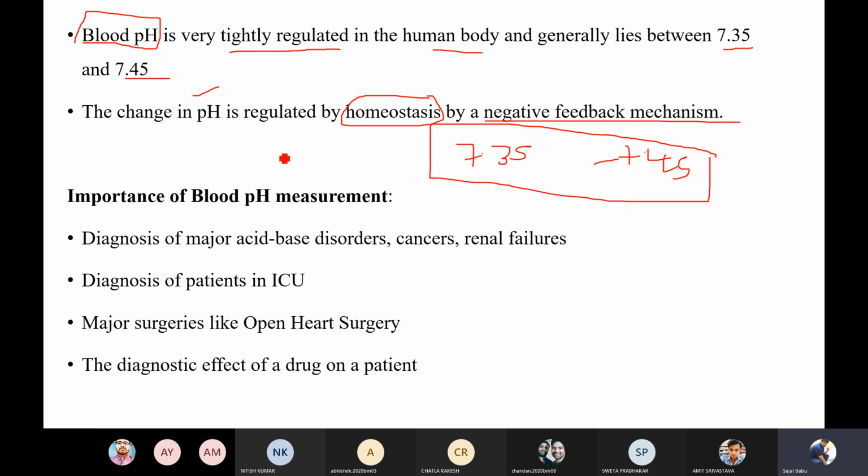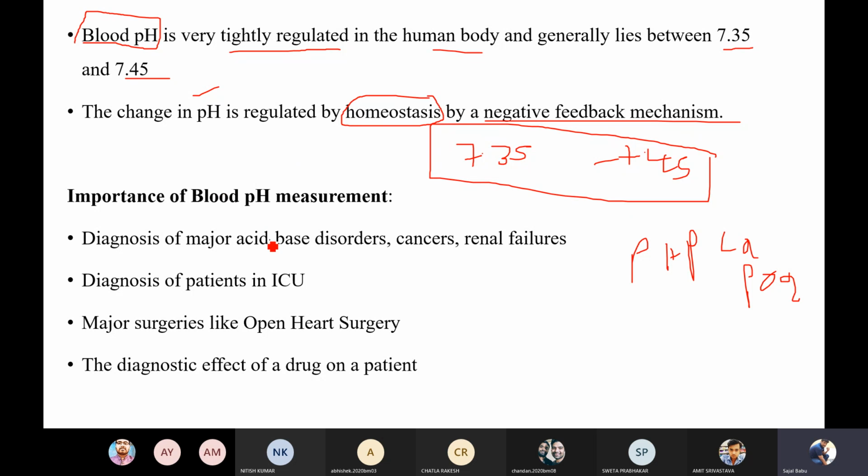So what is the importance of measuring blood pH? As I said in the initial slide, we are going to measure pH, PCO2 and PO2, that is, pH, partial pressure of carbon dioxide and partial pressure of oxygen, using blood gas analysis, right? Why do we need to measure the blood pH?